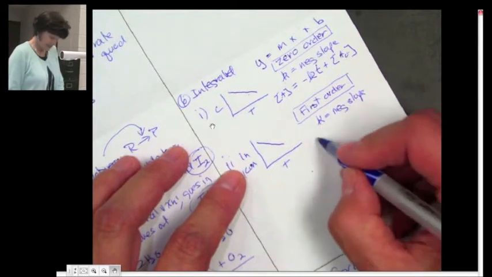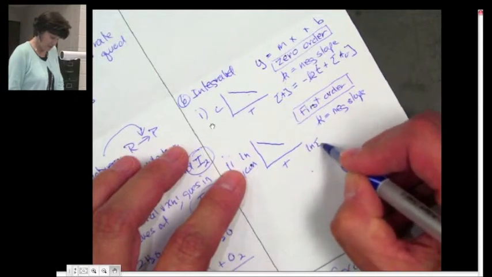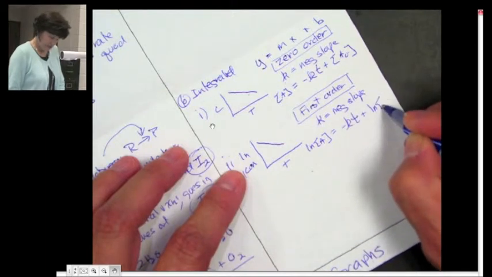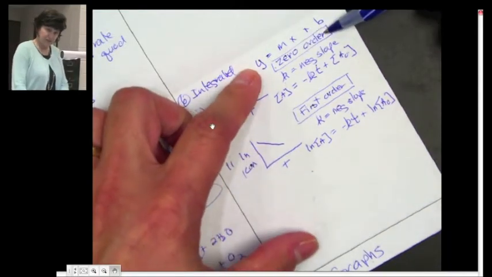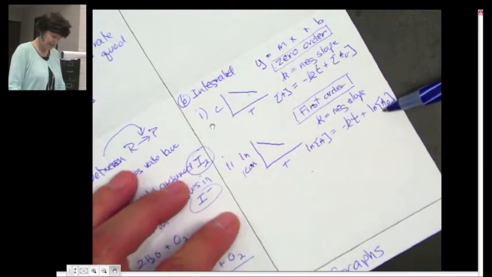So once again, the rate constant is equal to the negative slope of that line, and the integrated rate law would be natural log, corresponding once again to the equation for a straight line.